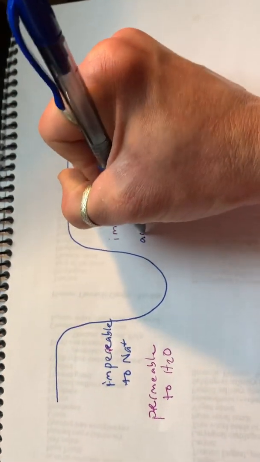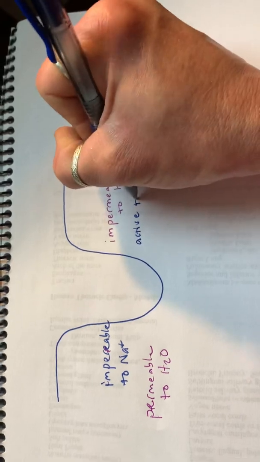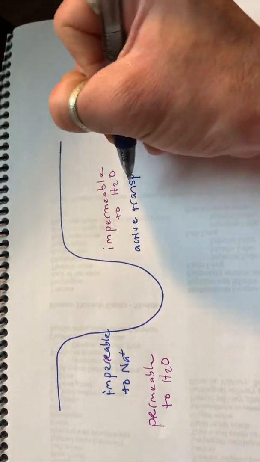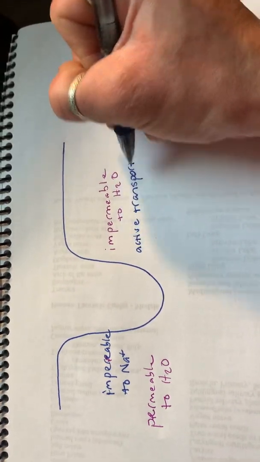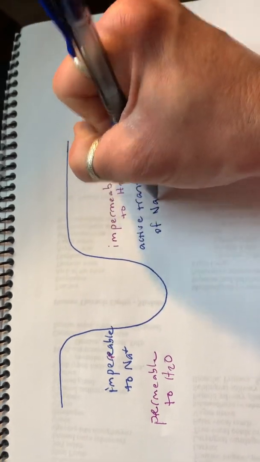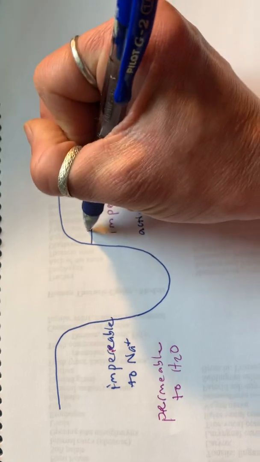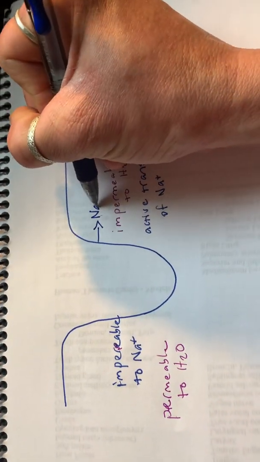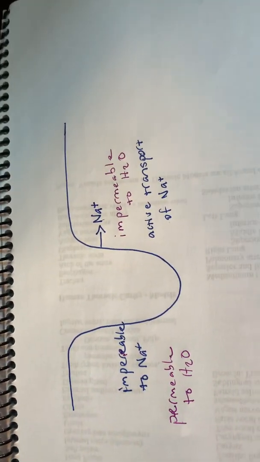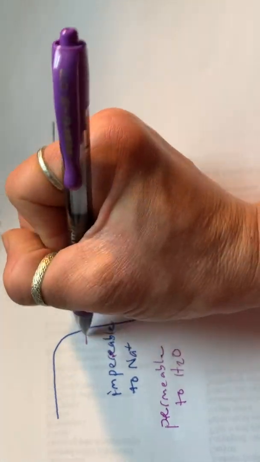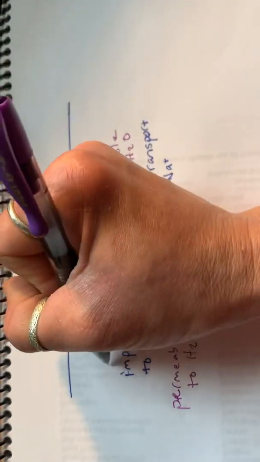But remember, we're using our active transport. So we're using energy to reabsorb our sodium. Right. So sodium's coming out here. And our water, I'm using purple for water today. Water's coming out on the descending limb.